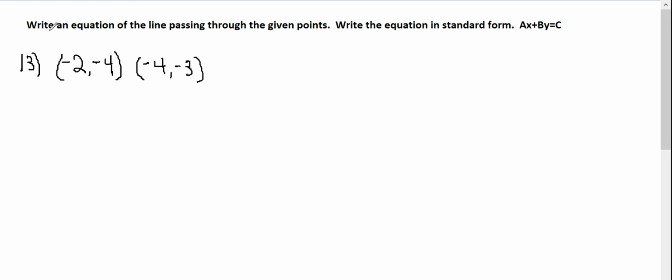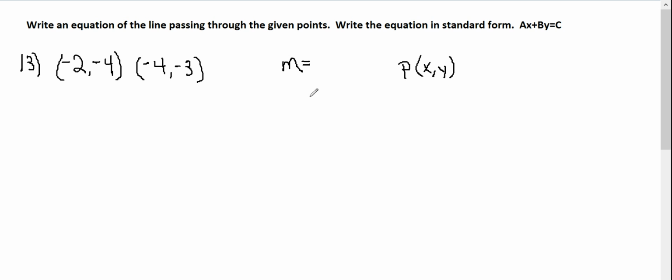All right, write an equation of the line passing through these given points, 2 points. Write the equation in standard form. When we have a problem like this where we have to write the equation, we are given 2 points, but minimally to write an equation, I need a slope, m, and 1 point, p, in the form xy.